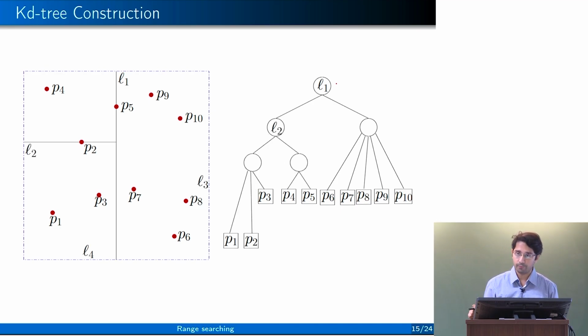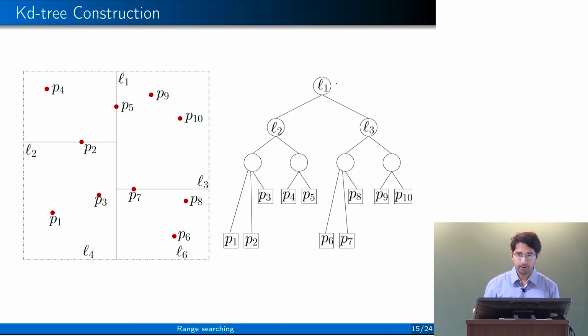This is L2. This will divide the points into two parts, the points which are above L2 and the points which are below L2. On the right hand side, I will find the median y coordinate, that will divide the points into almost two equal parts.